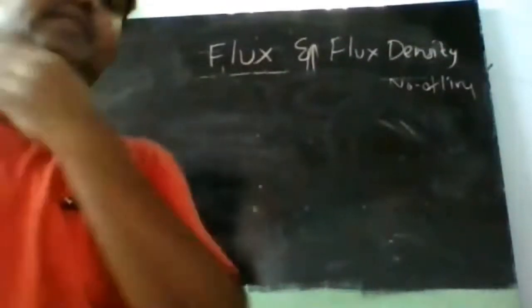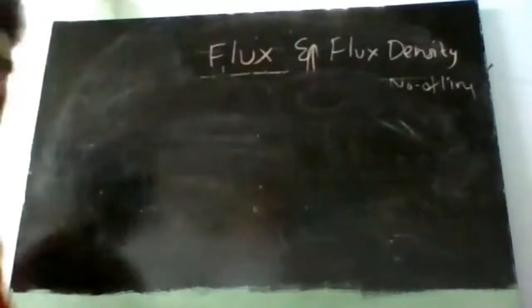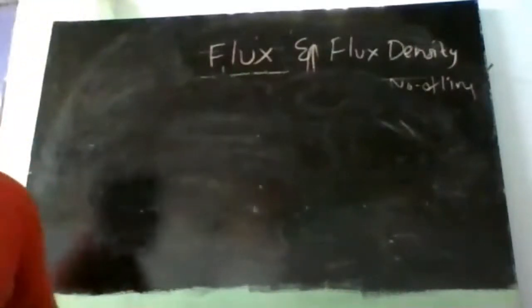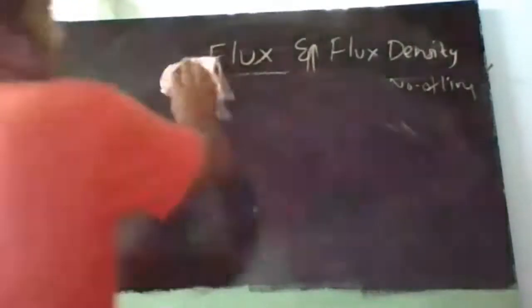Okay, let us go to the next topic. Now, after knowing what flux and flux density are, let us go to the next concept, which is what we actually want: Gauss law. So what does Gauss law say? It's a simple thing.